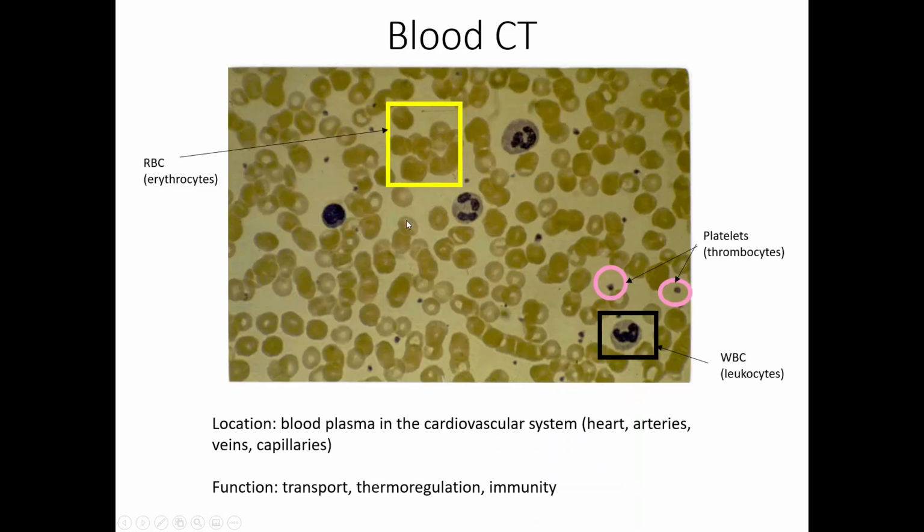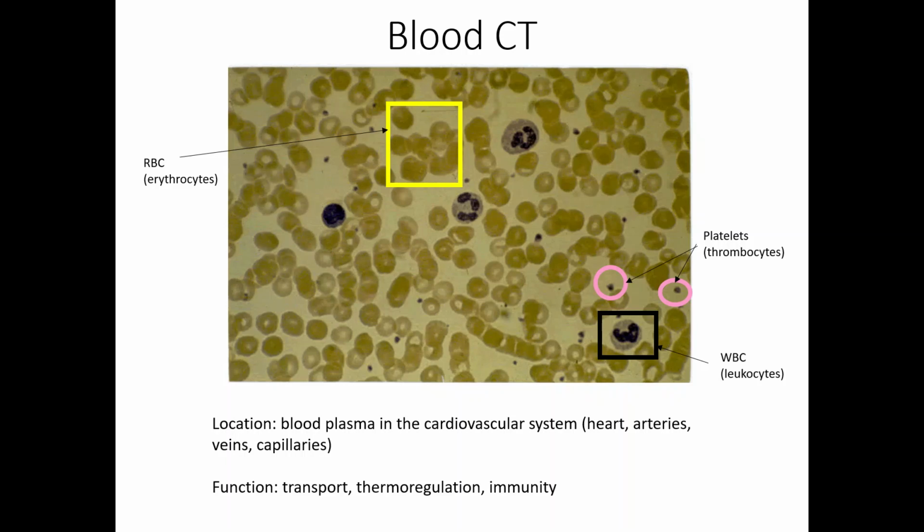All right, blood. Again, most students don't have a hard time recognizing blood. There's really nothing else that looks remotely close to it. But don't forget that we do need to know an erythrocyte, a red blood cell, from a leukocyte or a white blood cell versus a thrombocyte or a platelet. Okay, so your red cells, they are almost never as red as you want them to be.